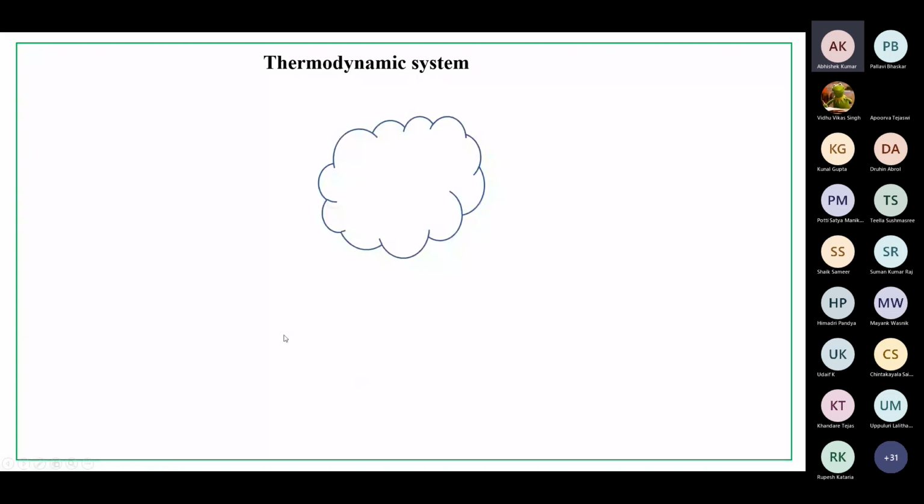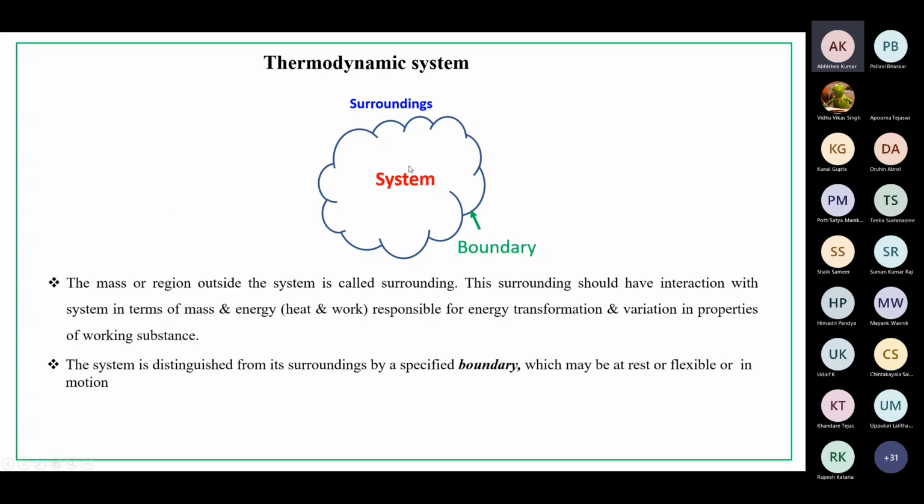Now let us see. In the case of your system, sometimes mass is coming in, mass is going out. Sometimes energy is coming in, energy is going out. That is what we have to define: what kind of system it is. Suppose you have a bathroom geyser.